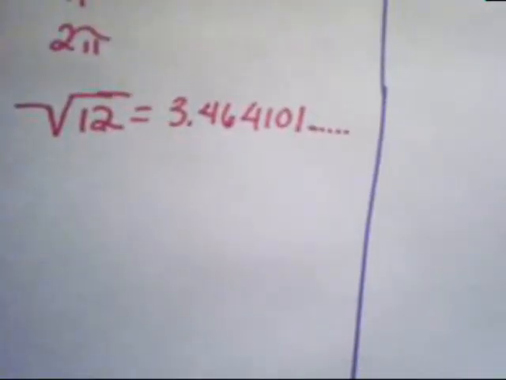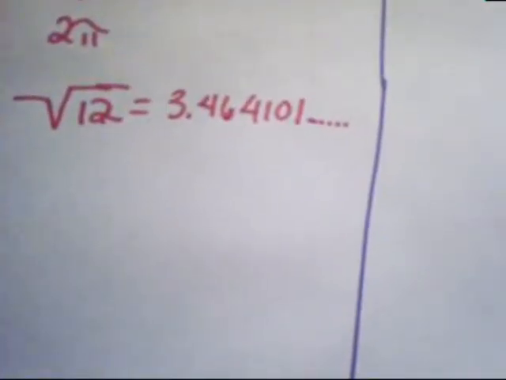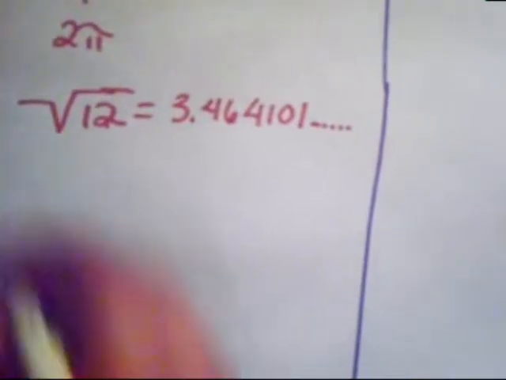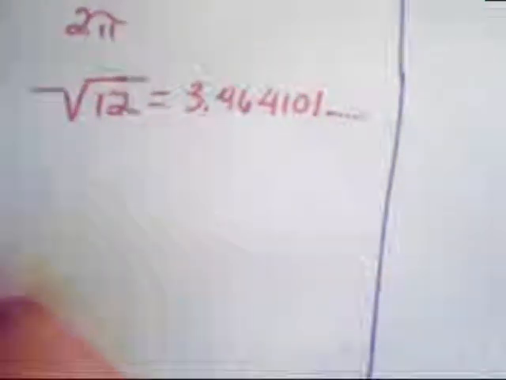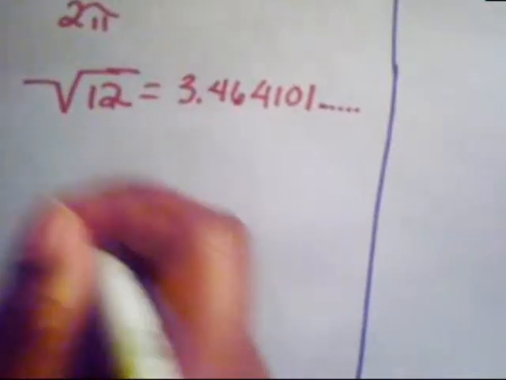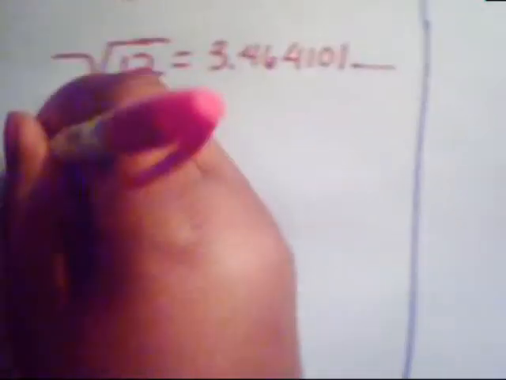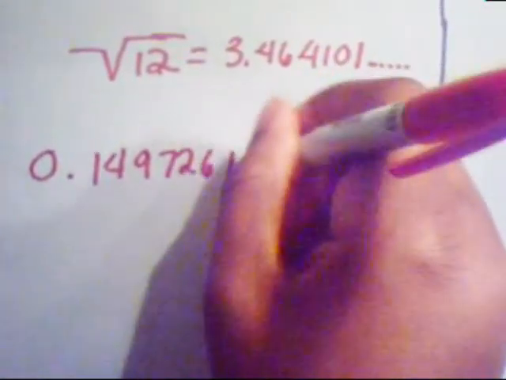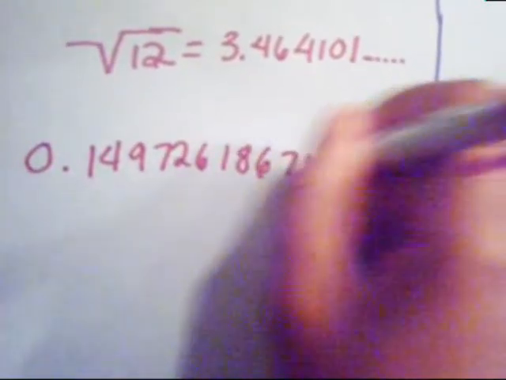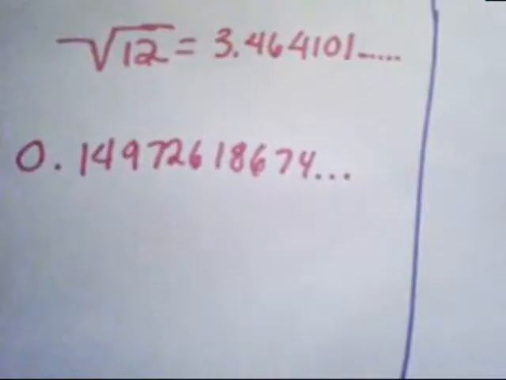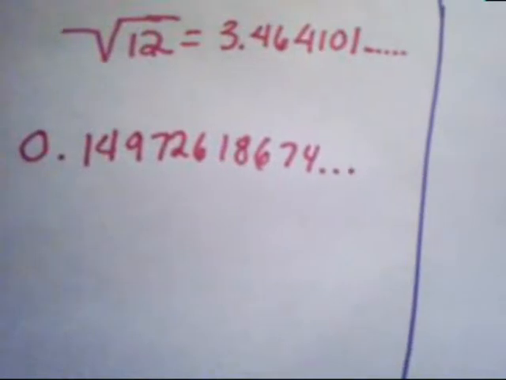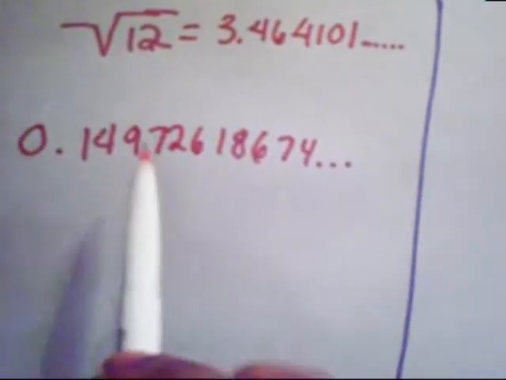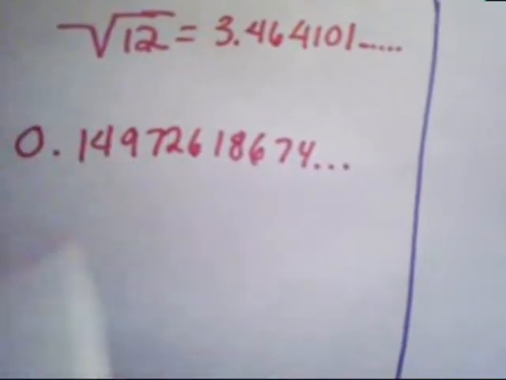The last category that makes a number irrational is a non-terminating, non-repeating decimal. For example, if I have the decimal 0.14972618674..., that is also an irrational number because the number goes on and on and it doesn't stop and it doesn't repeat.